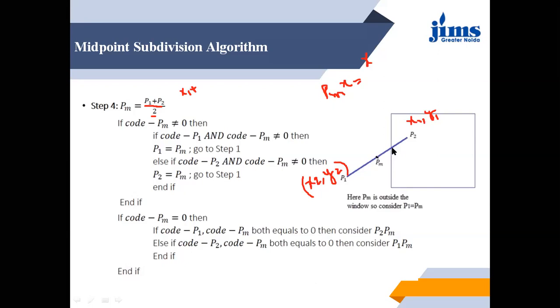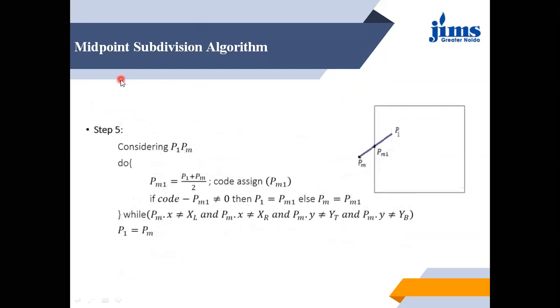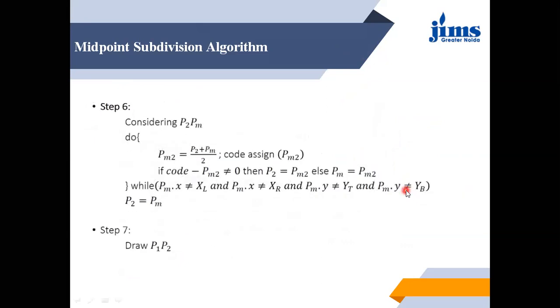When we get the midpoint, we can repeat the same process as discussed earlier. In this way, we can find the visible and non-visible portions of a line.